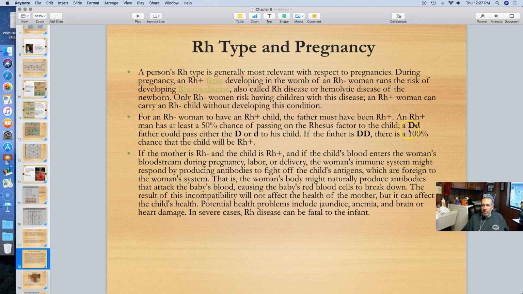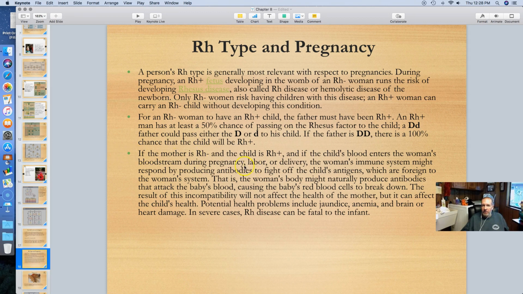But if the father is heterozygous for the Rh factor, then there's basically a 50-50 chance that the father could donate the dominant allele to the child, which would be a positive. But if it donated the recessive allele, then there's a chance that the child could be Rh negative.